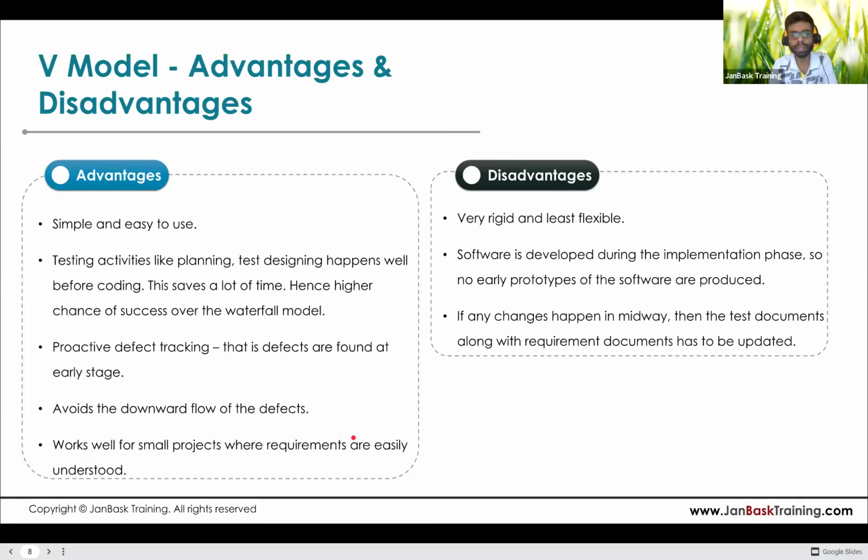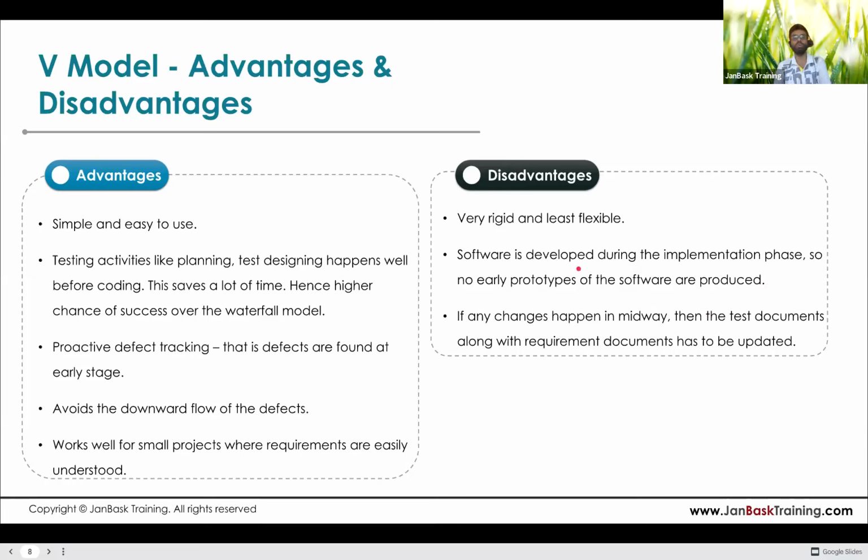What are the disadvantages? It is also very rigid and least flexible, because in every phase the requirement is fixed, the design is fixed, the coding is fixed, and all. The software is developed during the implementation phase, so no early prototypes of the software are produced. So you'll be able to understand why we are focusing more on this prototype in the later stages.